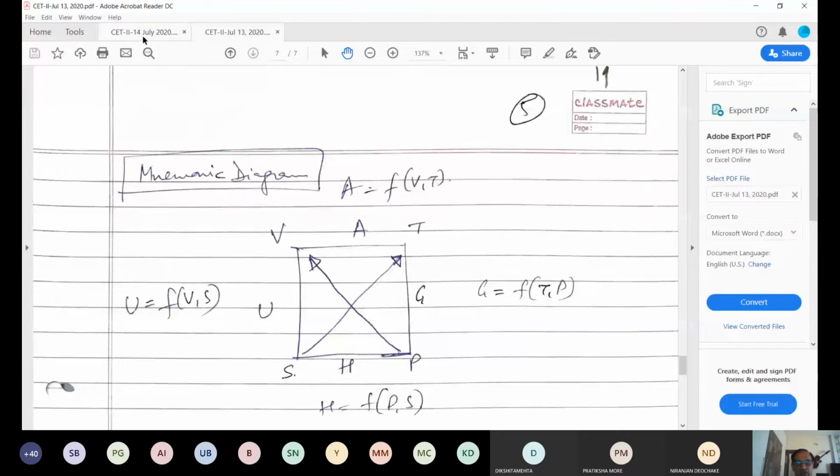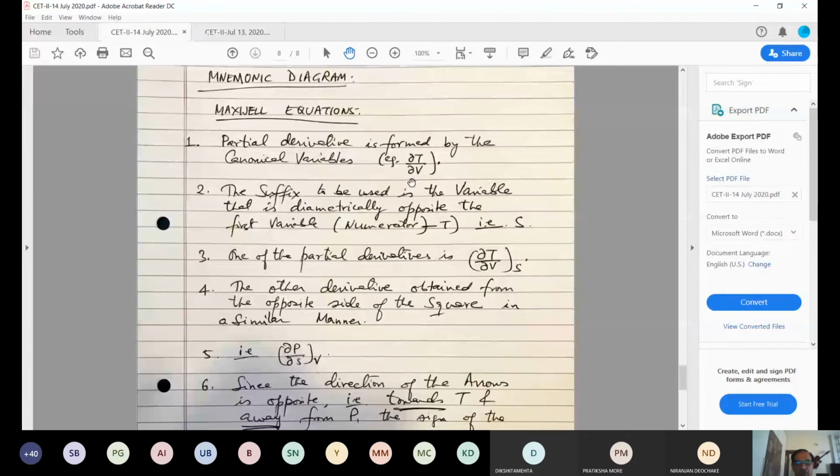In the derivative, the suffix to be used is the variable that is diametrically opposite the first variable, that is the numerator. So if I take dava t by dava v, its suffix will be s, opposite of t.